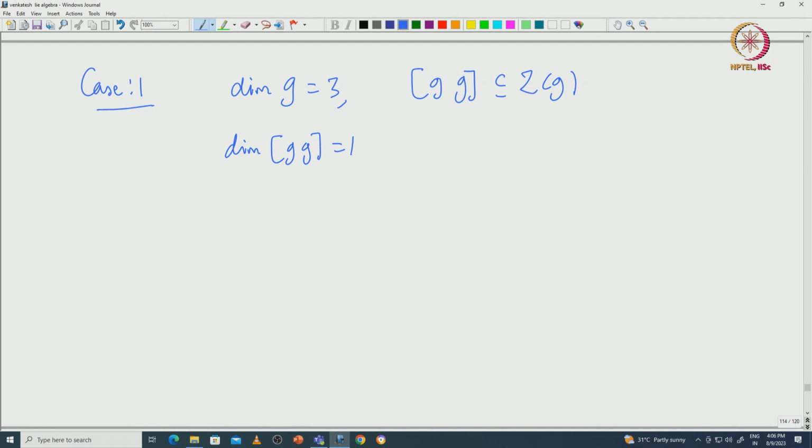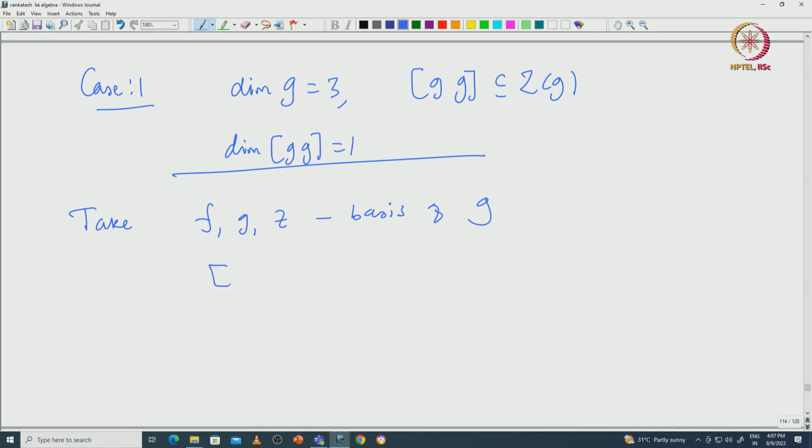So, now what we do, we just start with the basis and then see what we can tell about the structure of the Lie algebra. So, take f, g, z to be a basis of this G. Okay.